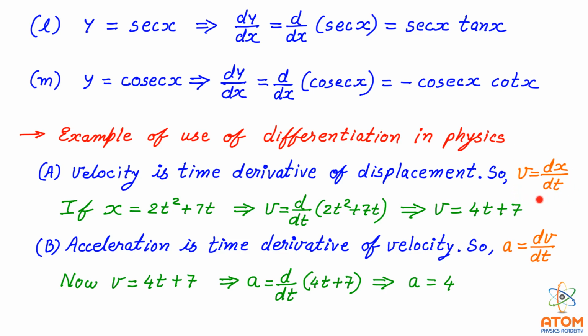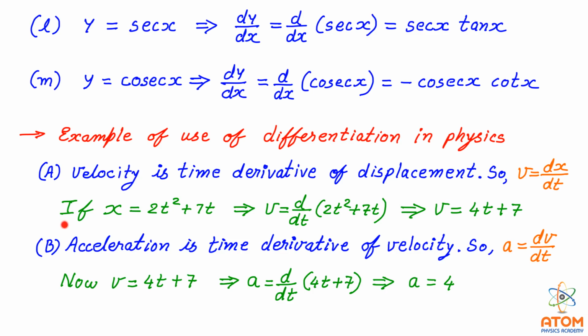So now we can say that velocity is the time derivative of displacement. In short, velocity v is dx by dt. So by differentiating x, we can get velocity.